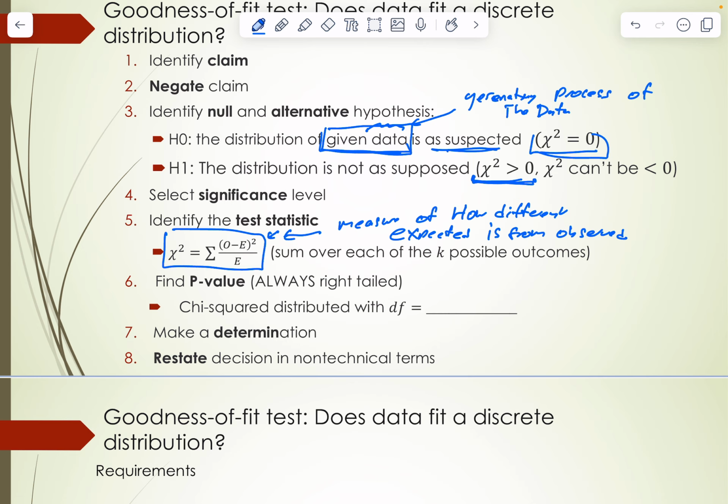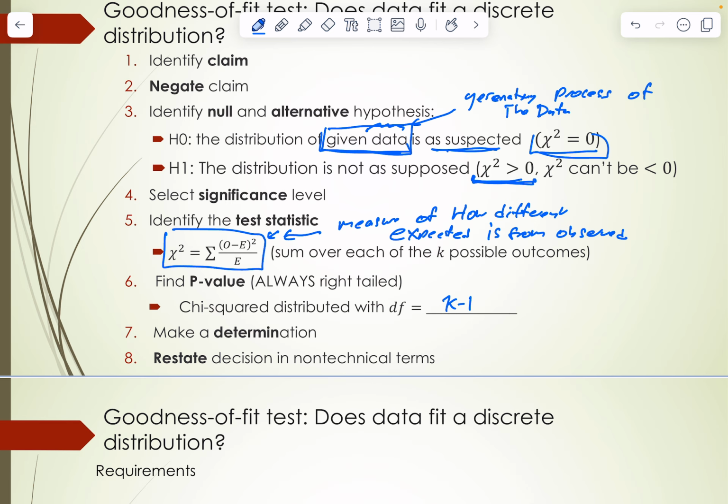Next, step 6, as always, find the p-value. In this case, it's always going to be a right-tailed test. So you use a chi-square distribution, which we just talked about. But wait a minute. Chi-square distribution needs degrees of freedom. What are the degrees of freedom? Well, it's going to be k minus 1. All right.